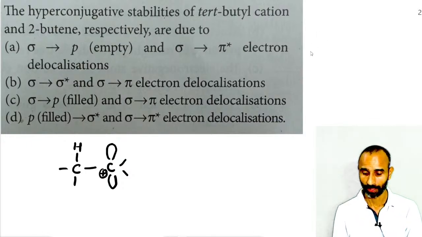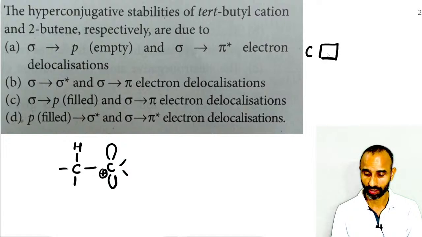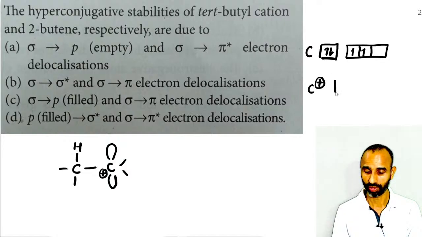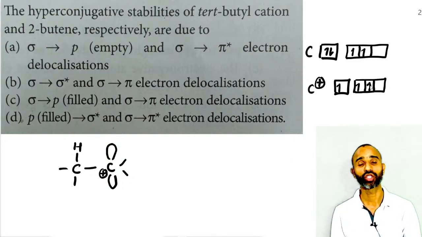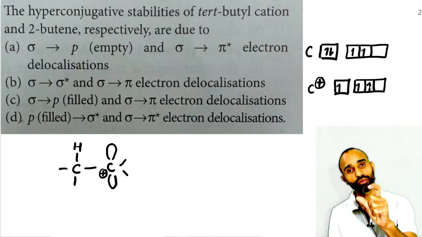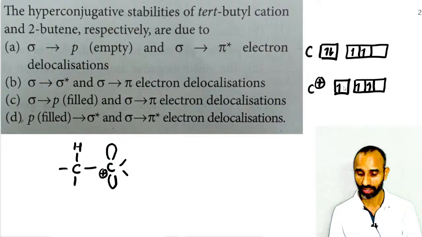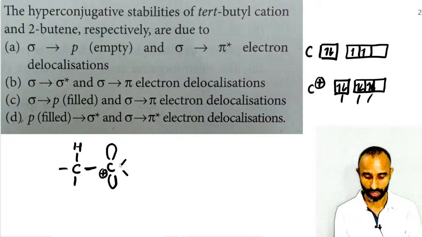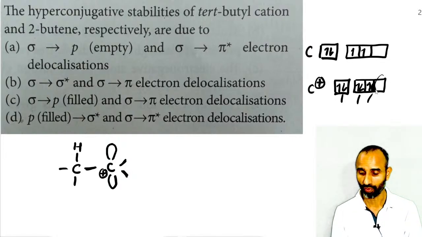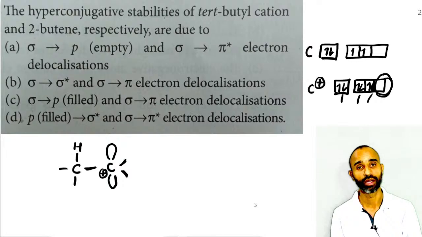Because carbon is 2s2 2p2, when carbon is positively charged, one electron is removed from 2s because it is paired. So we get 3 unpaired electrons and 1 vacant p orbital. These 3 form bonds, and 1 there is a vacant p orbital.